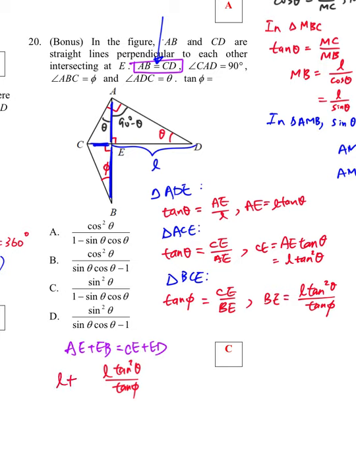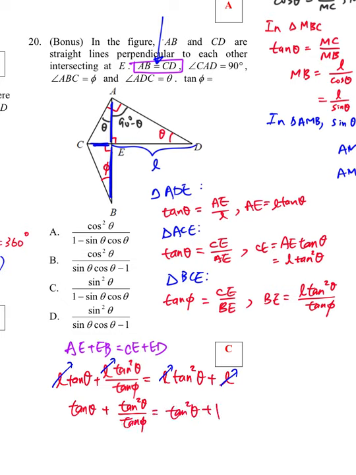And this equals CE, L tangent squared theta, plus ED, which is basically L. So you can cancel out L. Altogether, you obtain tangent theta plus tangent squared theta over tangent phi equals tangent squared theta plus 1.